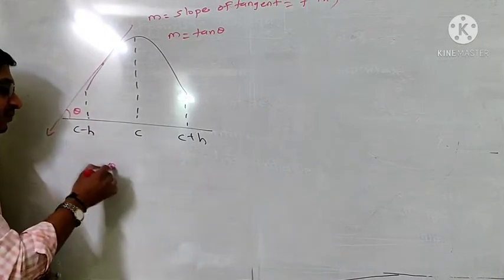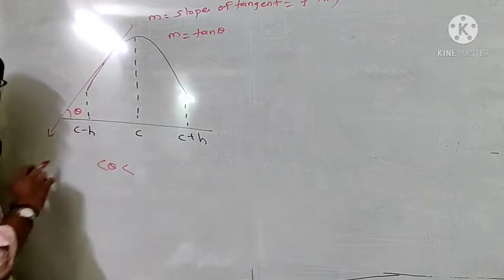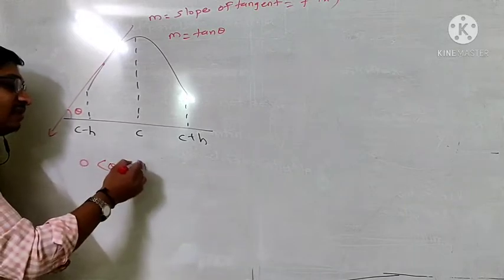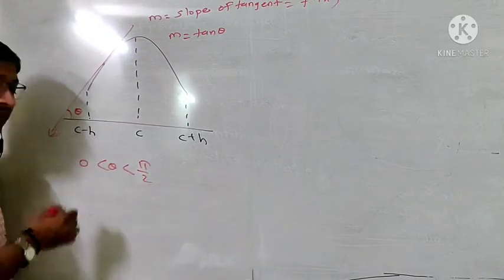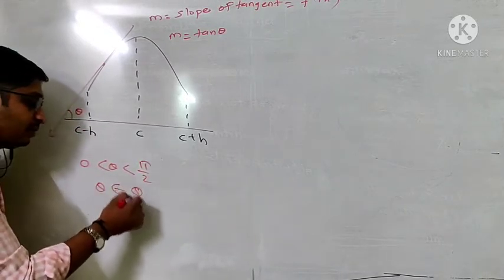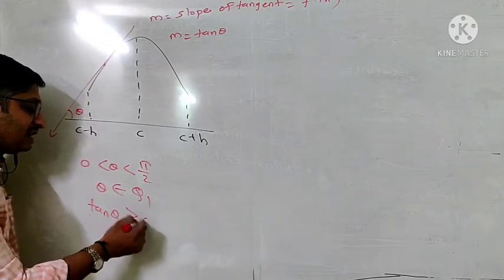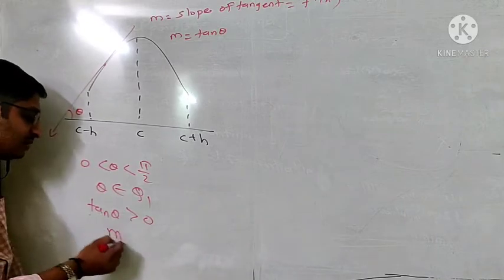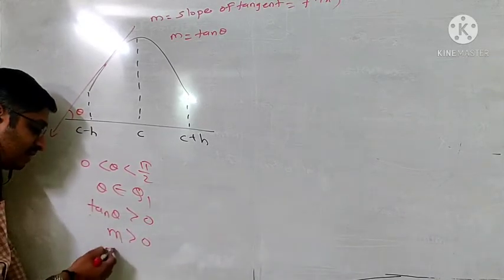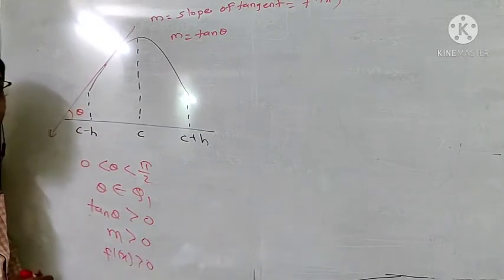So what is theta here? Here theta is an acute angle, which must be lying between 0 to pi by 2. That means theta belongs to the first quadrant, and in the first quadrant tan theta is always positive. That means my slope is positive. That means my first order derivative is positive.